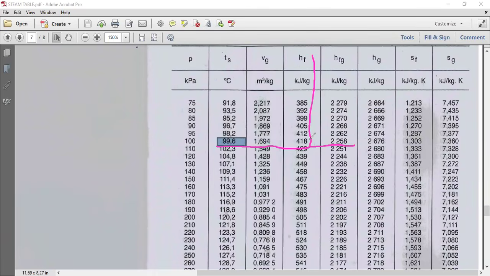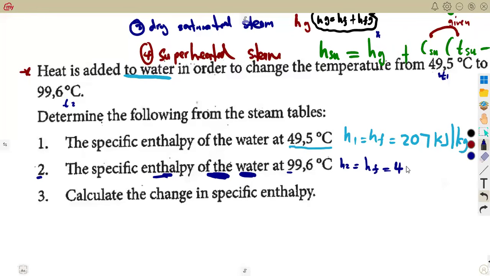So the value there is this one, 418 kilojoules per kilogram. So we have got our answer from there. So that is 418 kilojoules per kilogram.